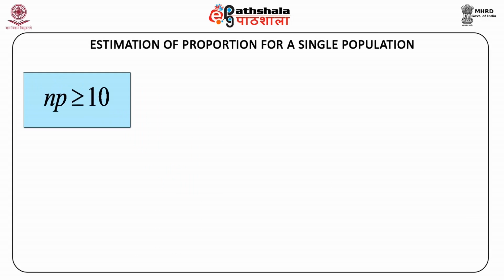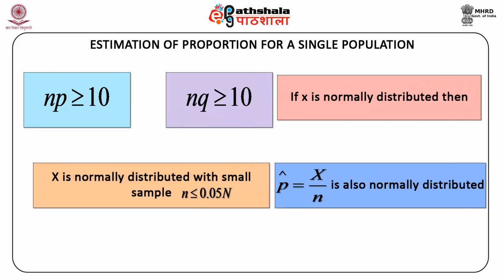If both np is greater than or equal to 10 and nq is greater than or equal to 10, then X has approximately a normal distribution provided the sample is small relative to the population, where a sample is considered small if it is no more than 5% of the population. If X has approximately a normal distribution, then p hat, which is equal to X upon n, is also approximately normally distributed.